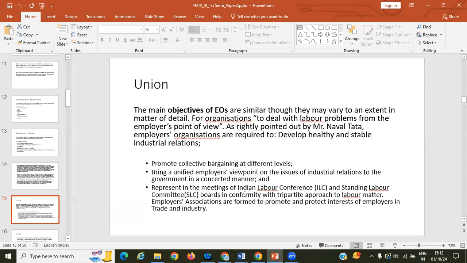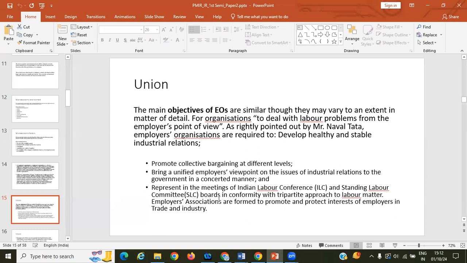Represent in the meetings of the Indian Labour Conference, ILC. The representative in this meeting comes from this union, representing it at the Indian Labour Conference and the Standing Labour Committee.